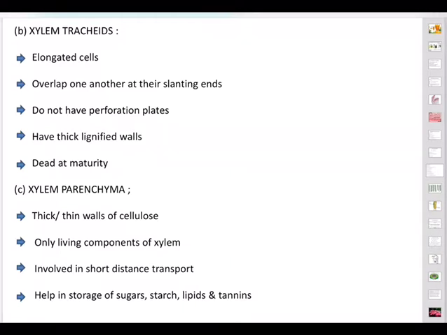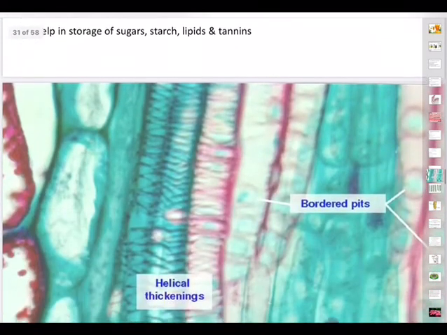Just now I said the root is breaking the big stones. To resist that, it should be very strong, and the strength is because of the lignin, and they are dead at maturity. Xylem parenchyma, quite opposite. It has thin walls of cellulose, and is the only living component of xylem. They are alive, involved in short distance transport, as I said, circular transport, and help in storage of sugars, starch, lipids and tannins.